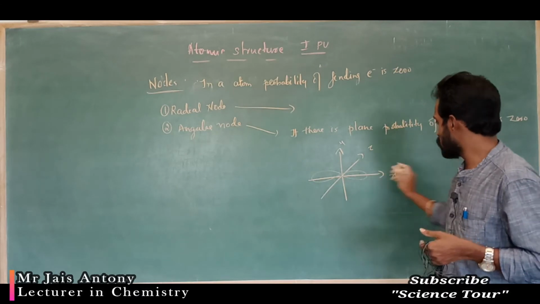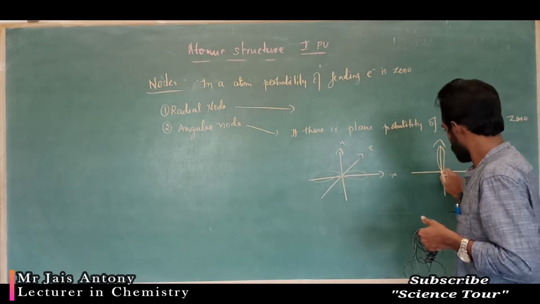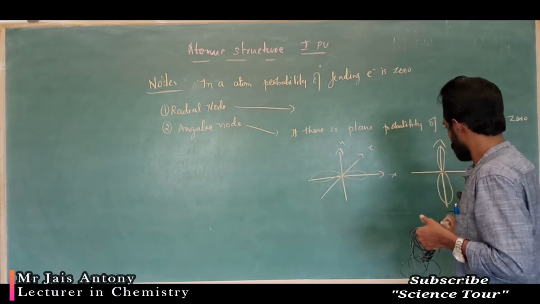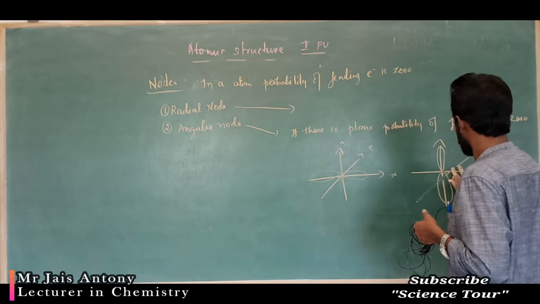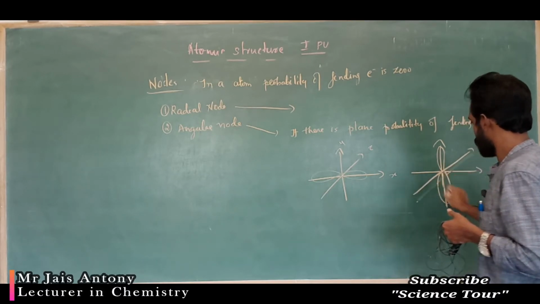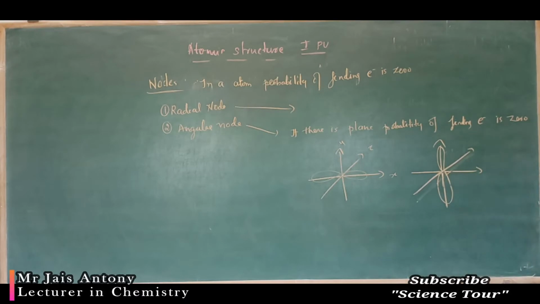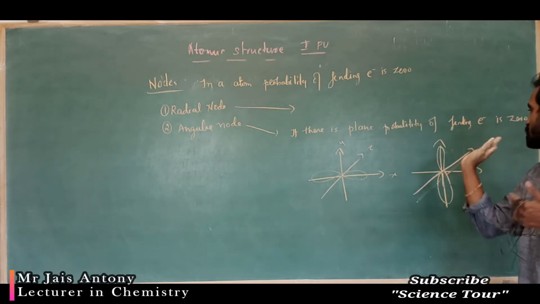Imagine this orbital, I will write it here. Now I can bisect or separate this, a plane which passes and gives 2 equal halves.